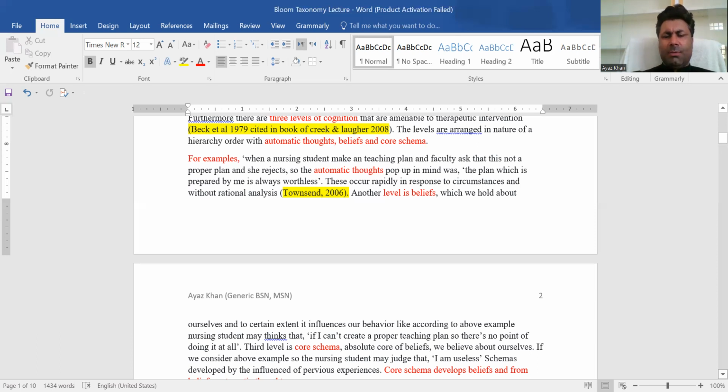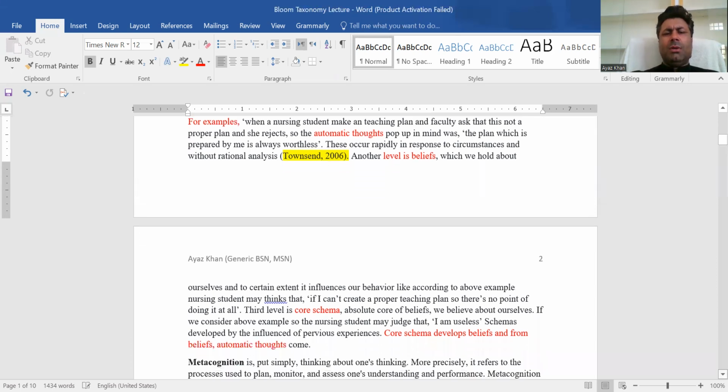And the second level of cognition, then she will have a belief that I cannot create a proper teaching plan.